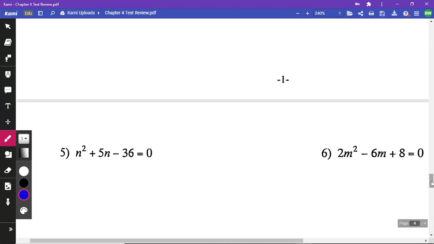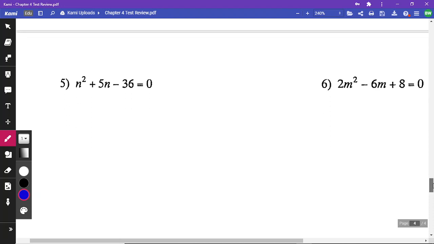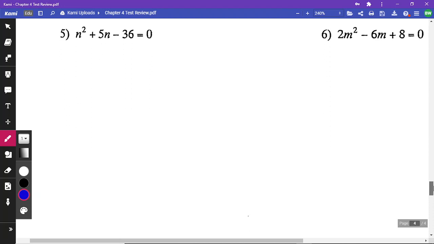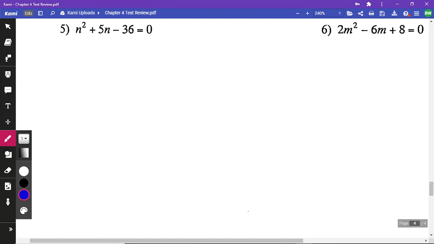I probably won't do all of those. I'll do the first one. These are just to watch if you want to, and you can speed through these. I'll try to give you some tips on trying to avoid errors.